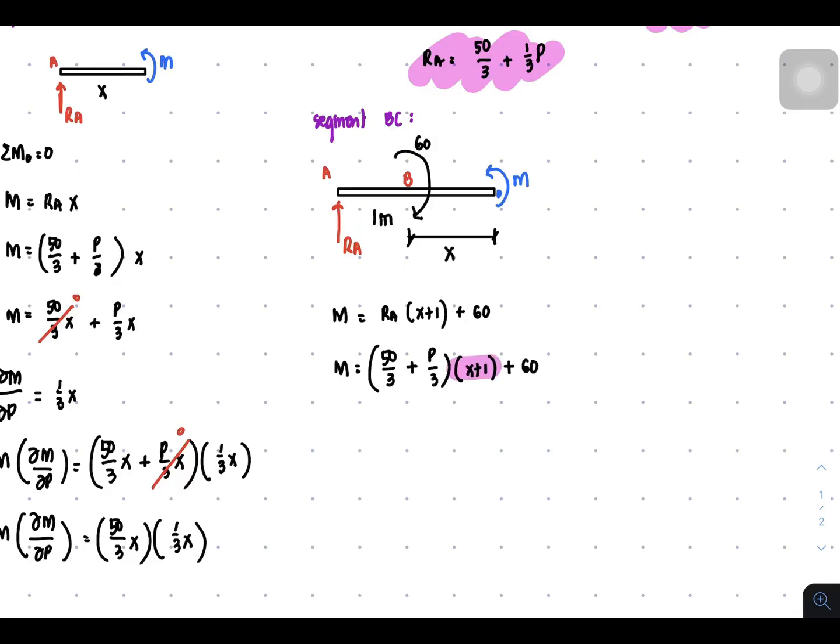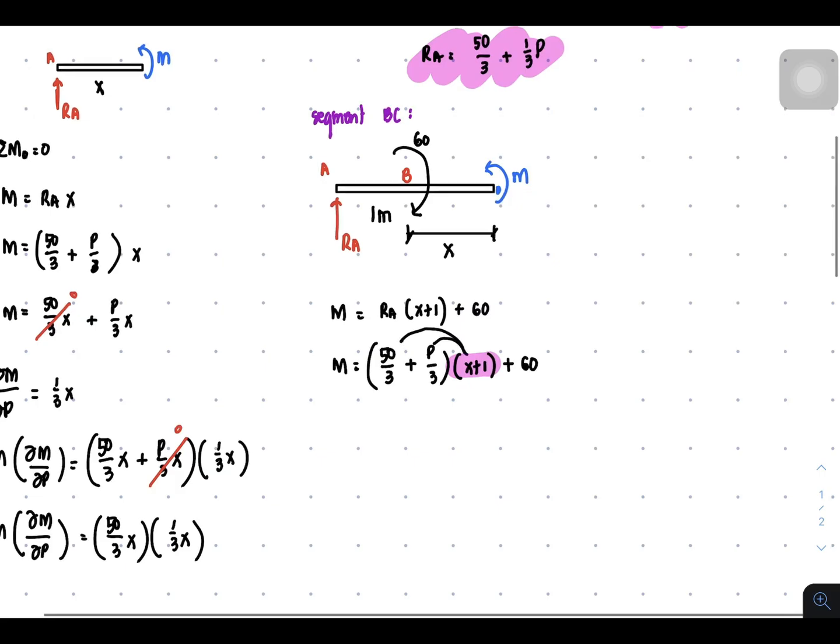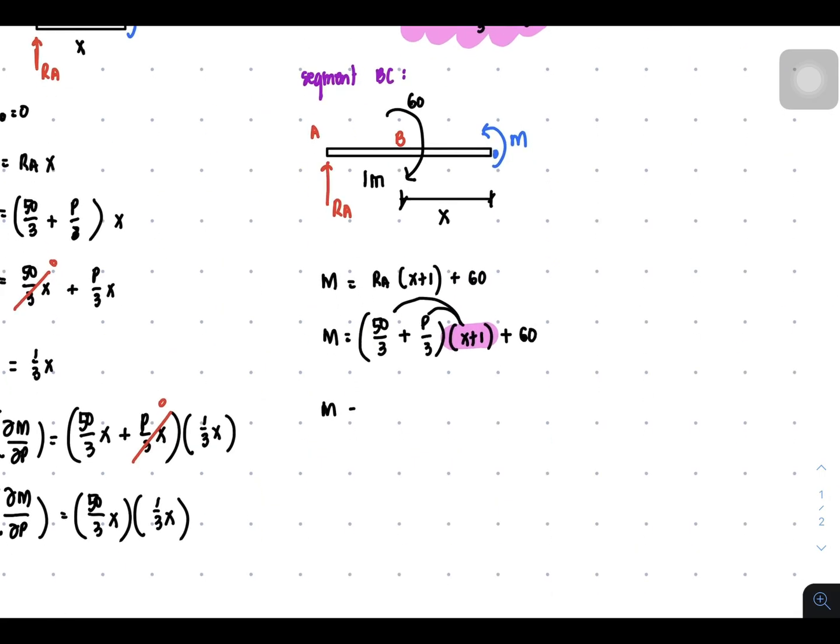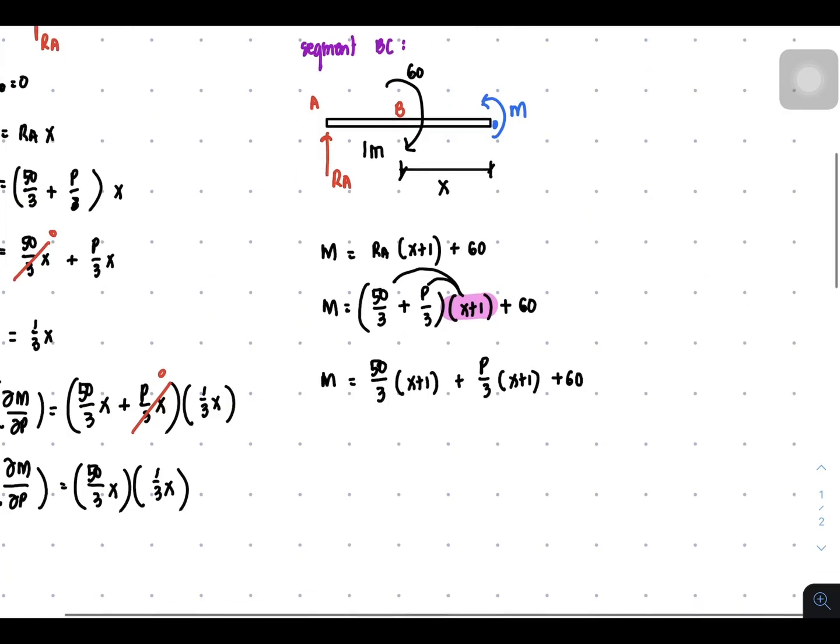Again, this term is to be distributed to the individual terms here. So we will distribute it there. So with that, it's going to be 50 over 3 x plus 1 plus P over 3 x plus 1 plus 60.